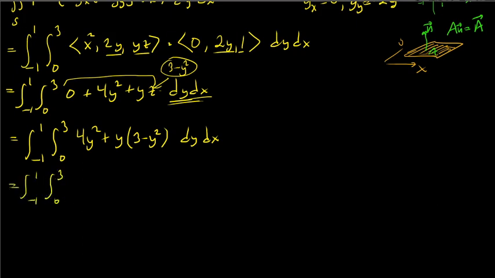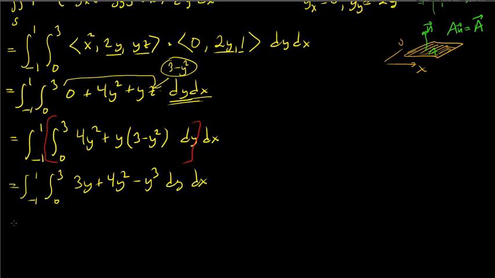So we'll do the inside integral first, as always. Although none of this depends on x, so you can split it up as a product, but let's do it the usual way here. So what do we get? We're going to get 3y plus 4y squared minus y cubed.